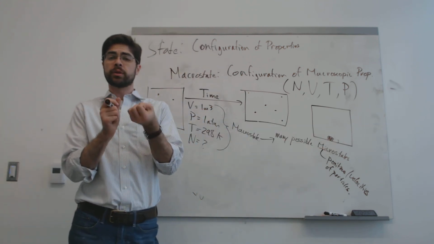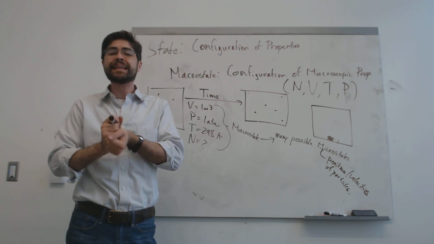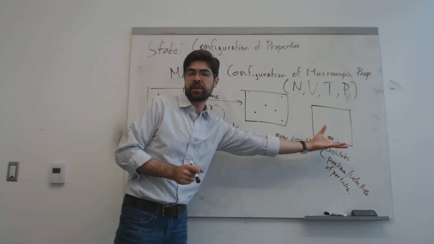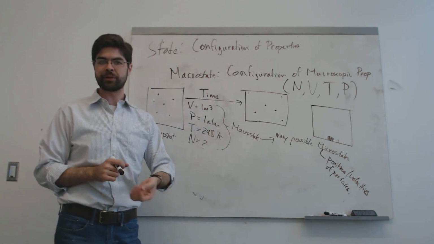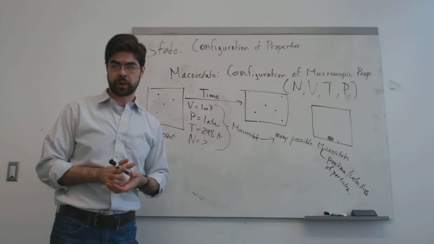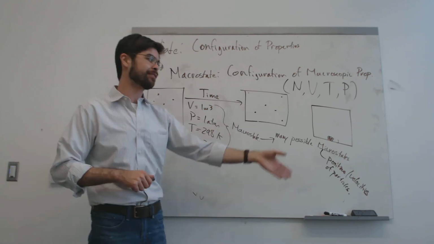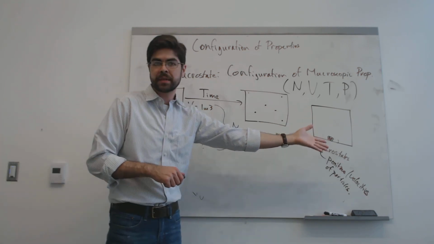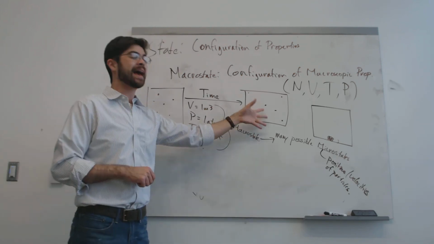If it's in a liquid or in a solid, they all have to be tightly packed against each other. And that limits the number of possible configurations I could come up with and still be describing the liquid as having the same volume, temperature, number of particles, and so on. So in general, solids and liquids have fewer microstates, fewer possible configurations than gases do.